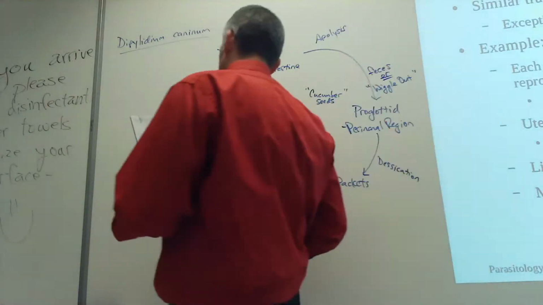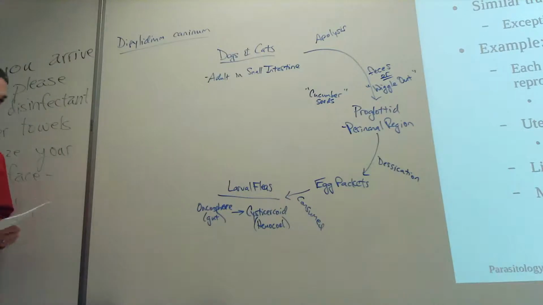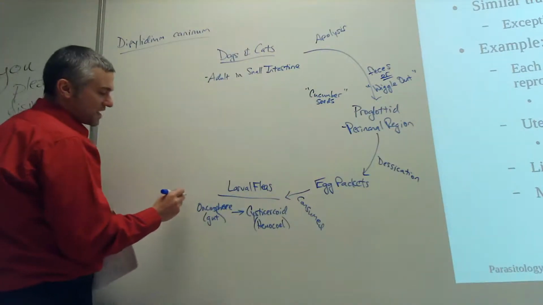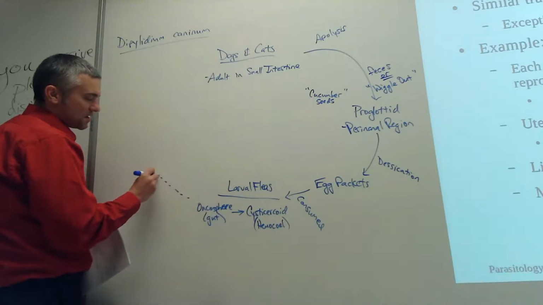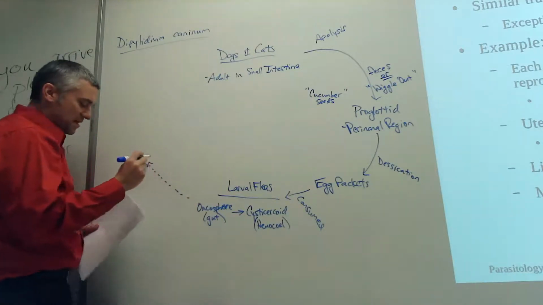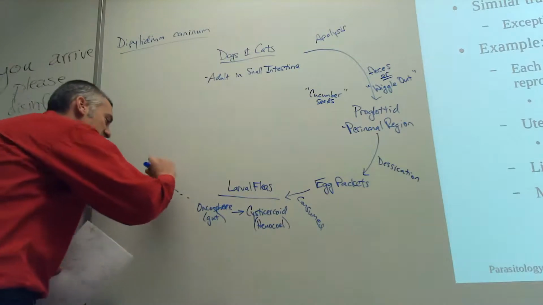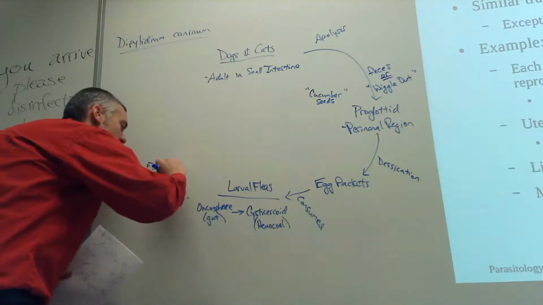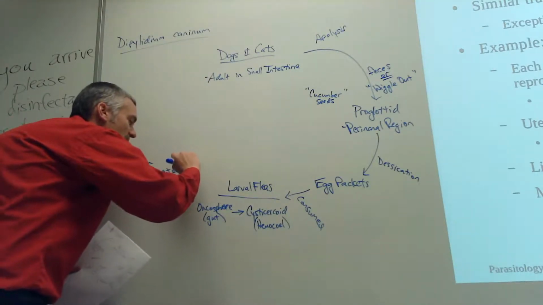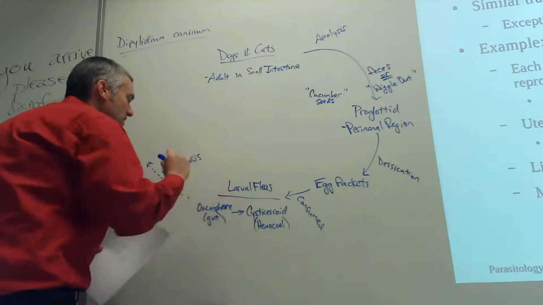All right, so we have a cysticercoid in the hemocoel. And then I'm just going to do a dashed line here because we have metamorphosis of our host. Metamorphosis.